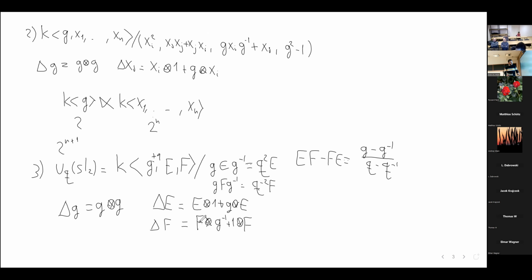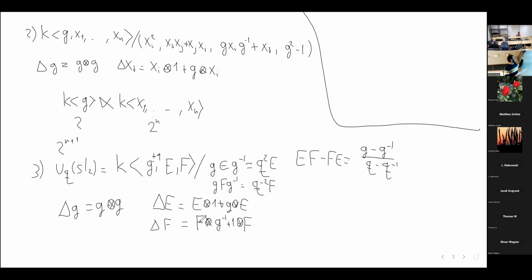Okay, so something that happens in all the last three examples that I showed you is that even though they are not co-commutative anymore, they still have a property that resembles co-commutativity.